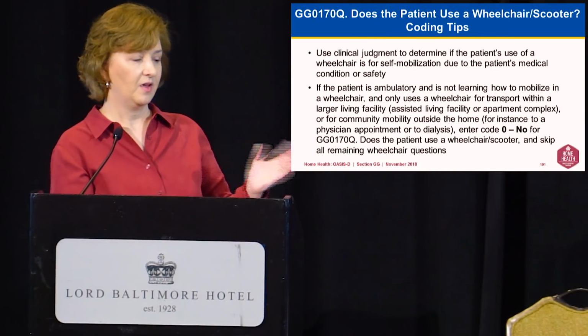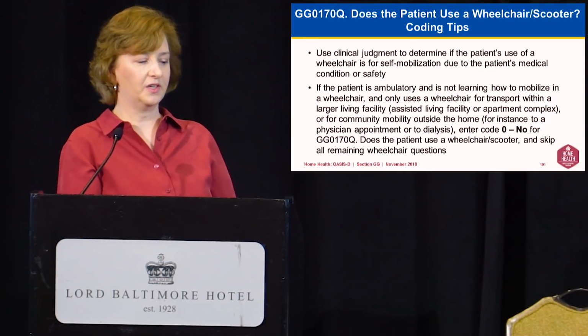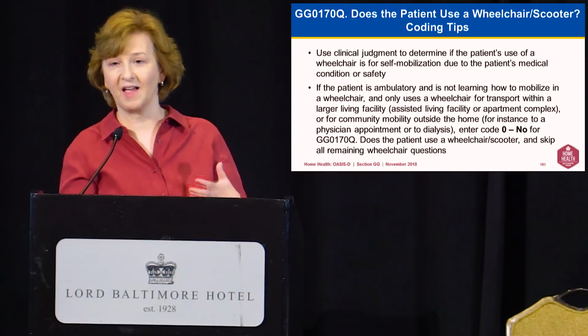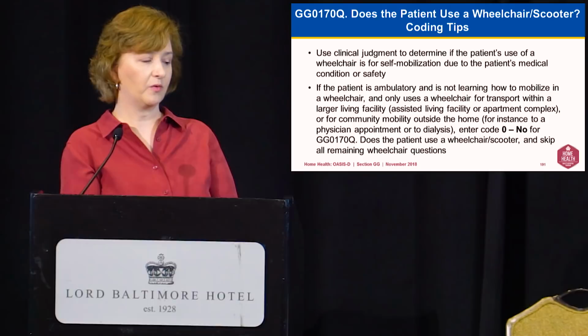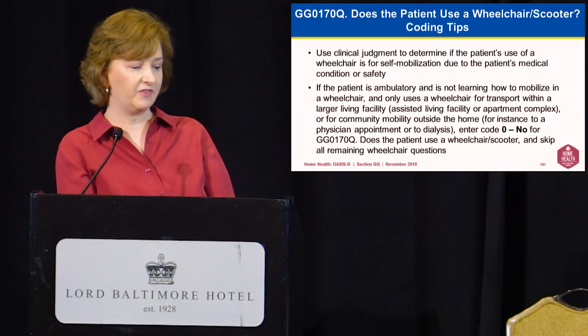So when coding this question, use your clinical judgment to determine if the patient's use of a wheelchair, if somebody does have a wheelchair at home, is for self-mobilization due to the patient's medical condition or safety concern.